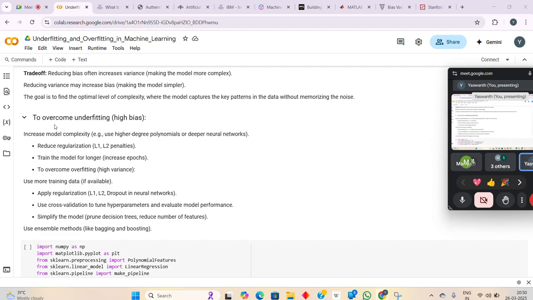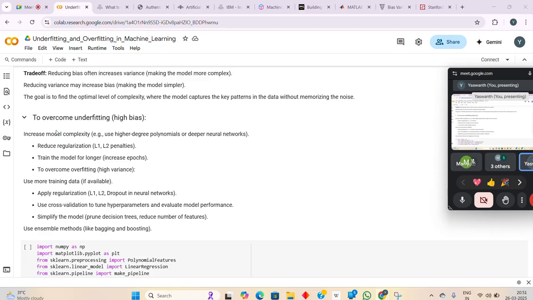And if we face any underfitting, how do we overcome that? If we want to overcome underfitting, this is the concept: we have to reduce the regularization. That is what I'm going to explain, L1 and L2 penalties. Those are penalties, an extra parameter that we add to the existing formulation.